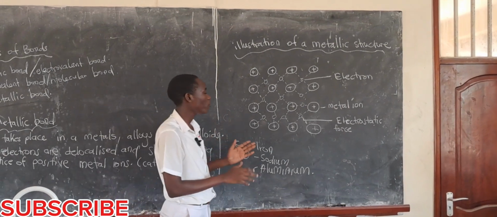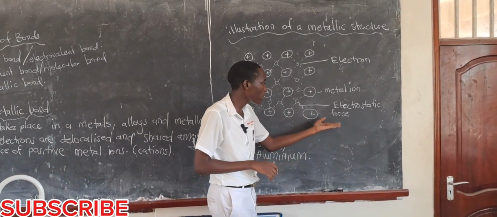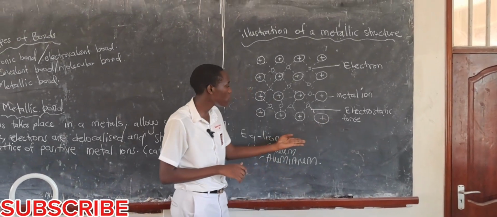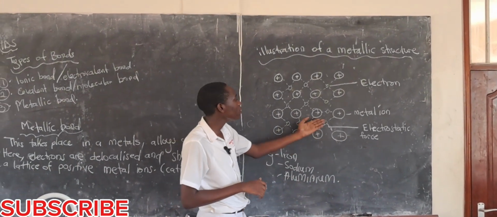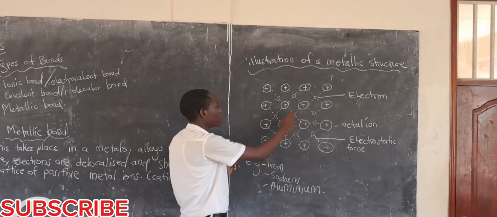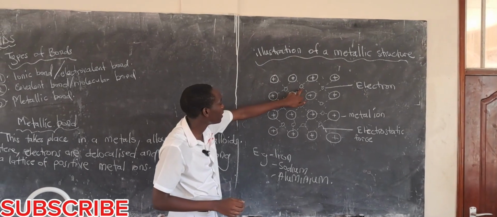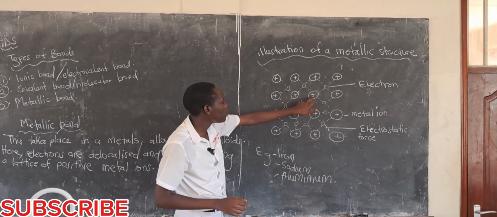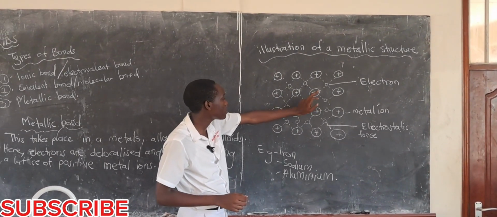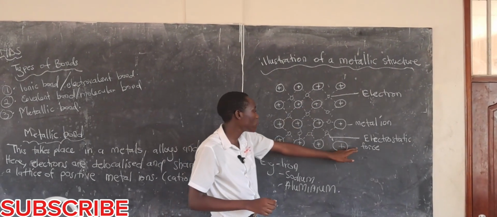So this is the type of bonding which is the metallic bond, formed as a result of the strong electrostatic forces between the cations and the delocalized electrons within the metal lattice. These small dashes you're seeing between the electrons and the cations or the metal ions are called the electrostatic force of attraction.